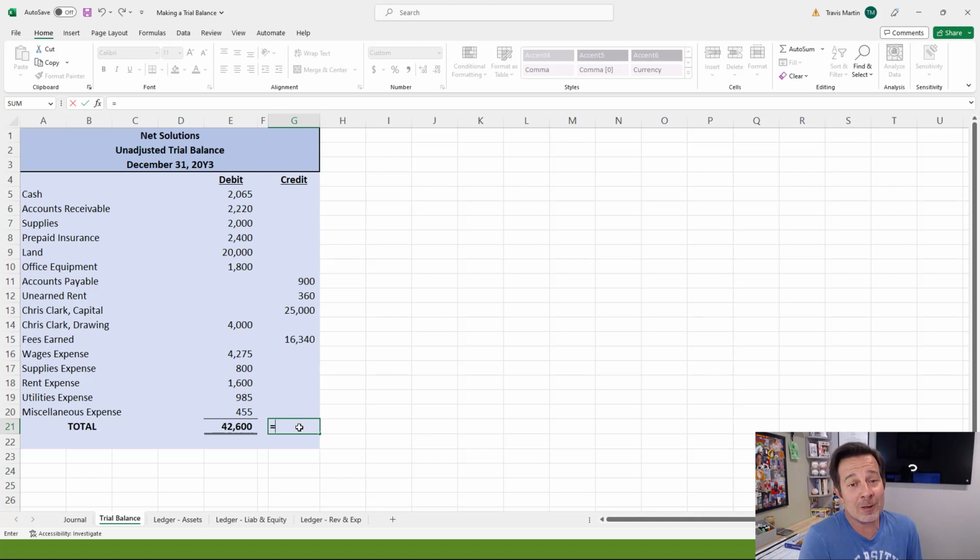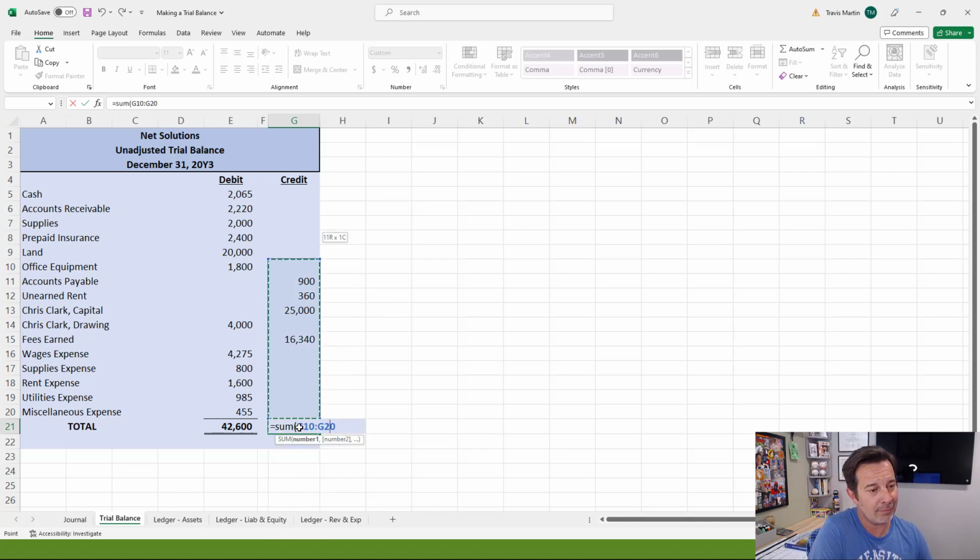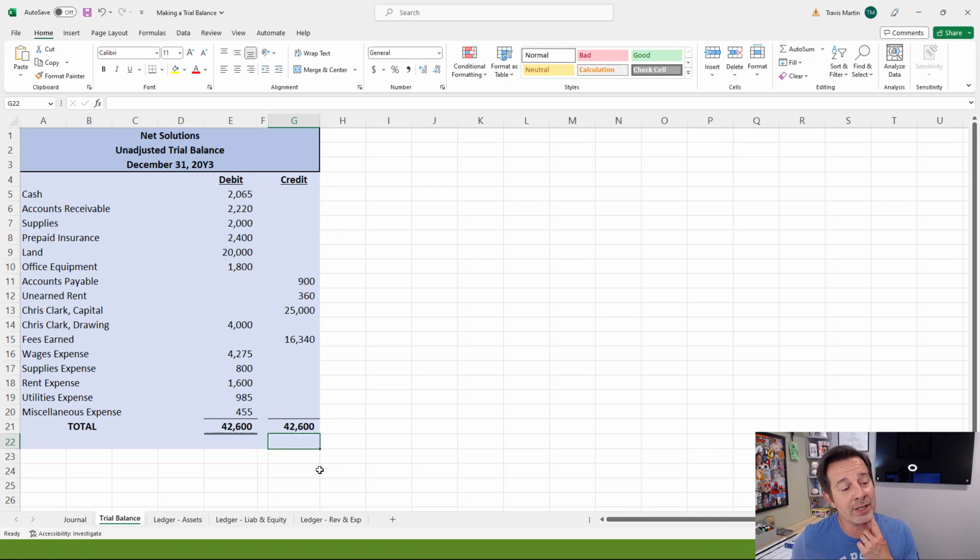I don't know what kind of sacrifice an accounting god would demand, but we're going to offer some kind of sacrifice to make sure that our two sides are in balance here. So there we go. I add up the credit column. We do in fact balance. We have appeased and found favor with the accounting gods here.